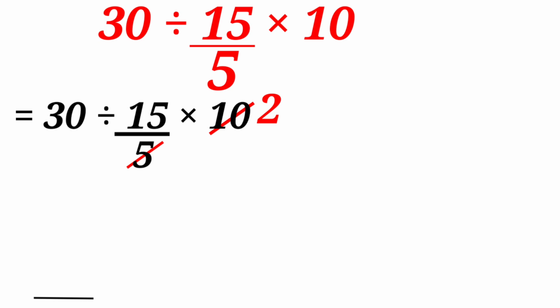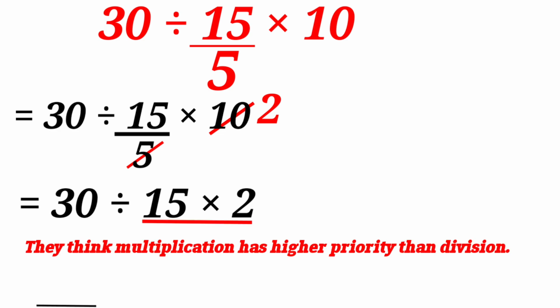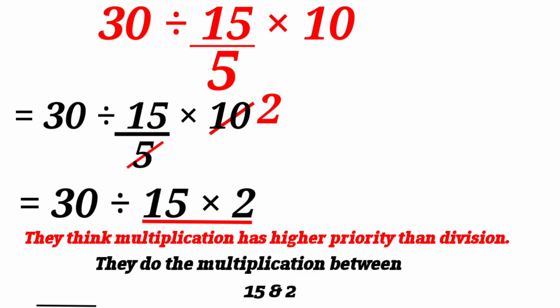5 times 2 is equal to 10. Is equal to 30 divided by 15 times 2. They think multiplication has higher priority than division. So they do the multiplication between 15 and 2.